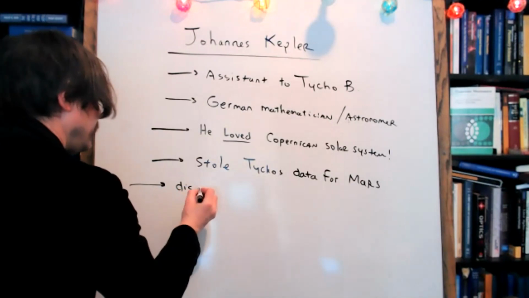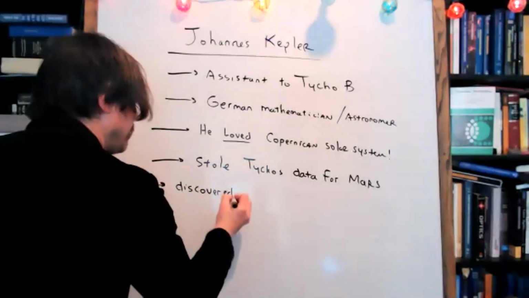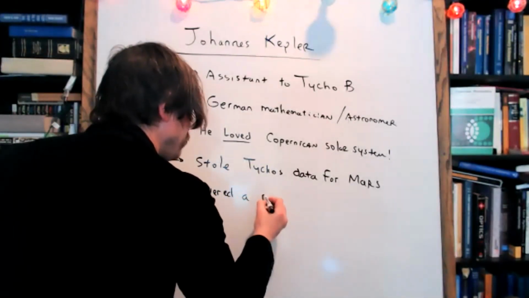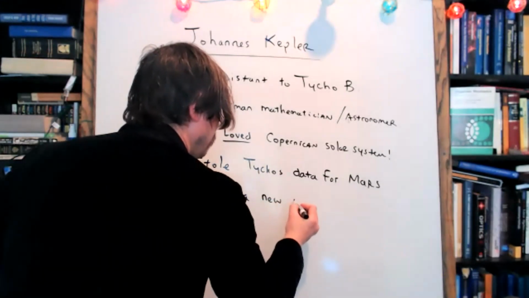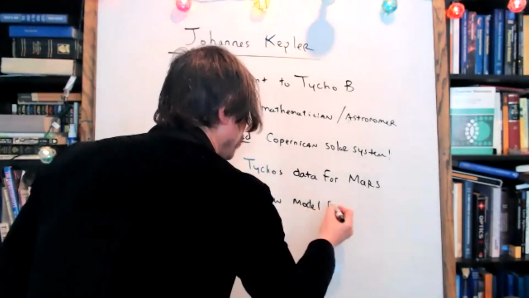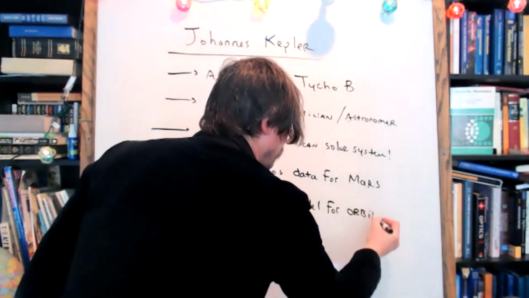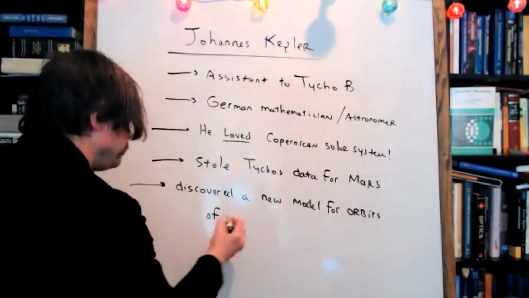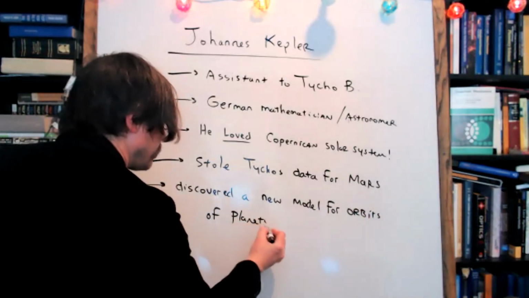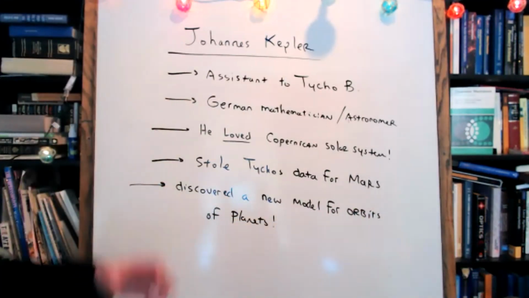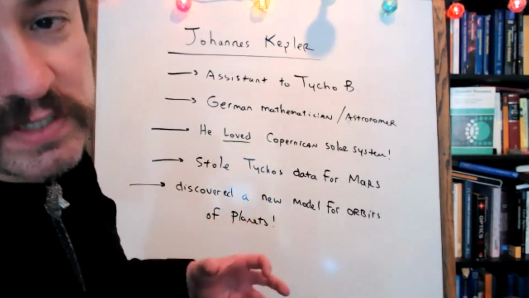He discovered a new model for the orbits of planets. And this is eventually what made Copernicus's model of the solar system work.